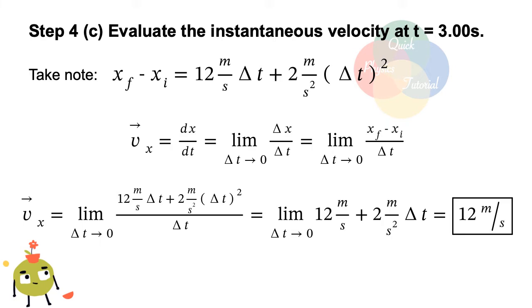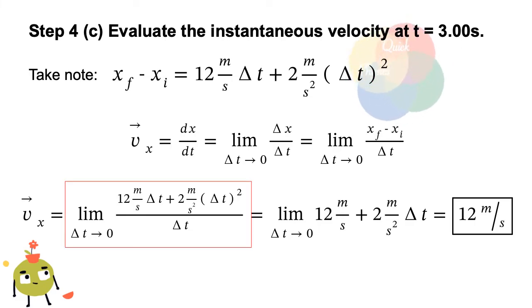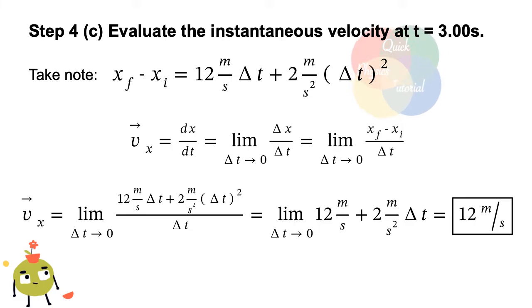Plugging in the delta x, or xf minus xi, expression, we get this. Cancelling delta t, we get 12 meters per second plus 2 meters per square second delta t. As delta t approaches 0, the instantaneous velocity would be 12 meters per second.